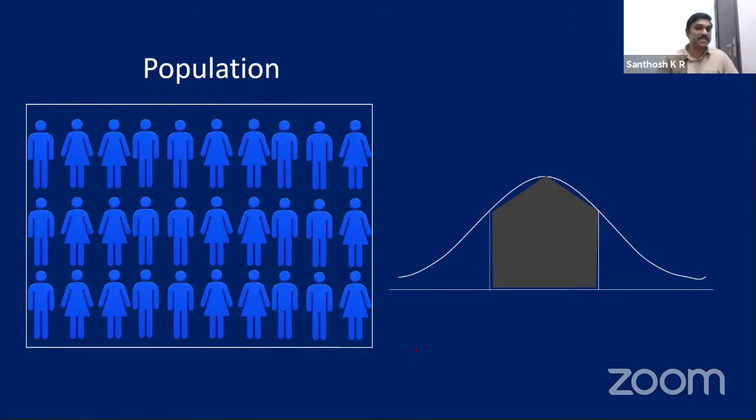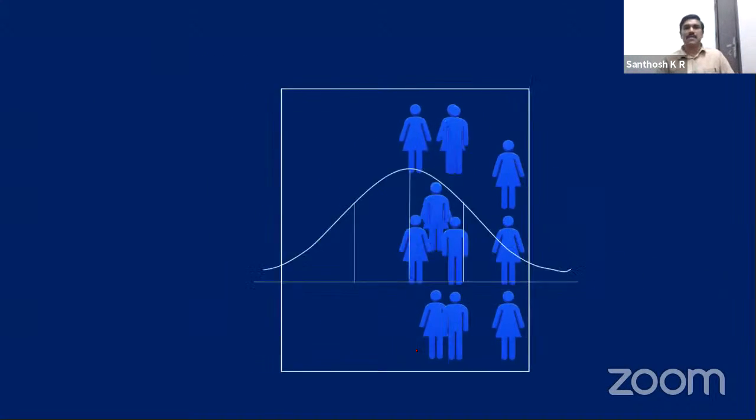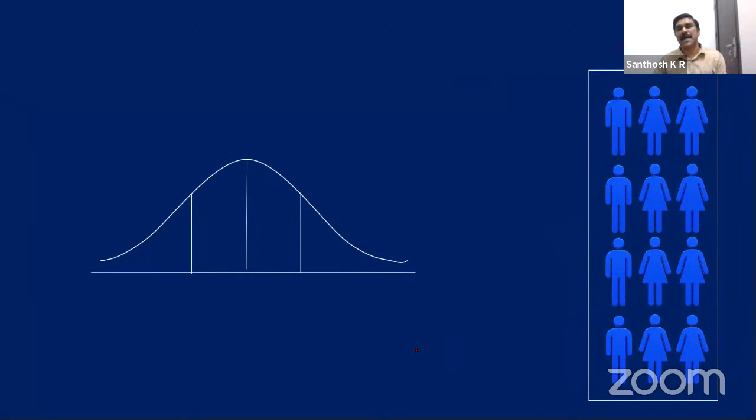We are looking at the population here. Now, if we are looking at a representative sample, that means a random sample, a probability sample, the curve of that probability sample will also be like this, because everybody in the population had a chance to be a part of the sample.